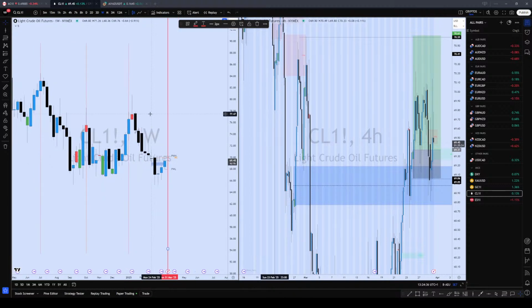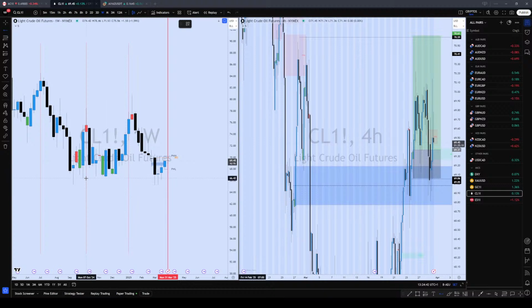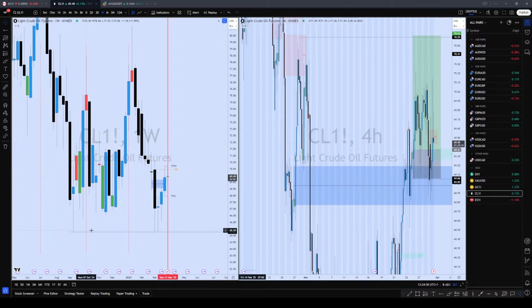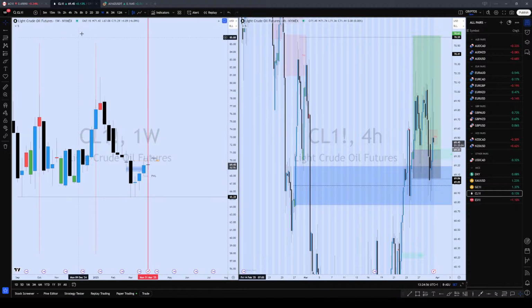Now that 3 months candle, as you can see, has taken out the previous 3 months low, including that one. Went just below it. All right. So if we are rejecting a 3 months candle, then there's a high probability price can go up, because it's rejecting a 3 months candle.